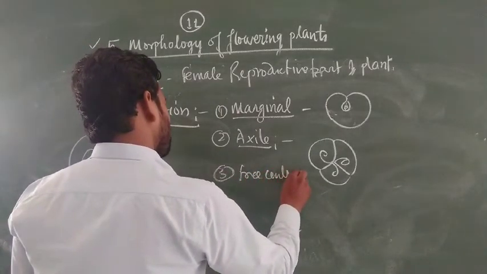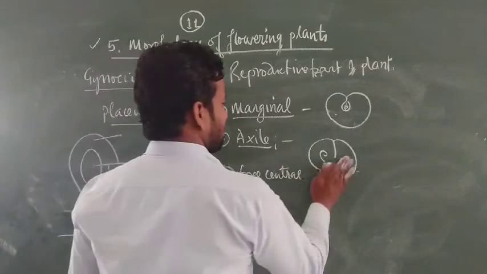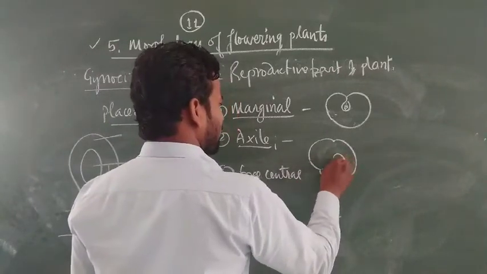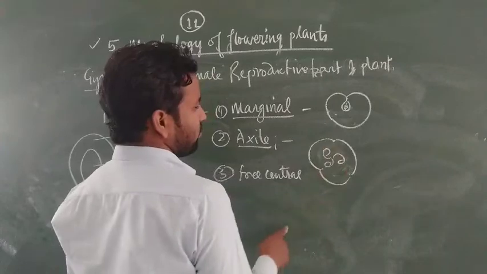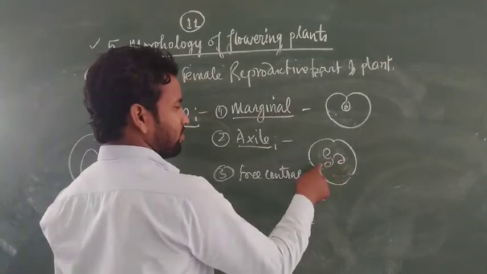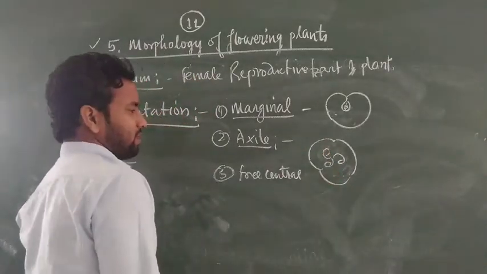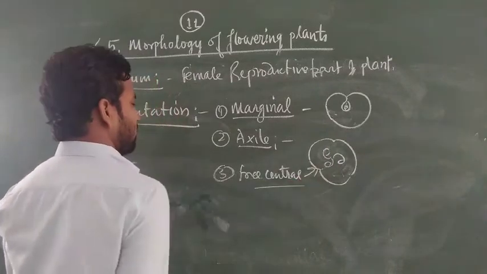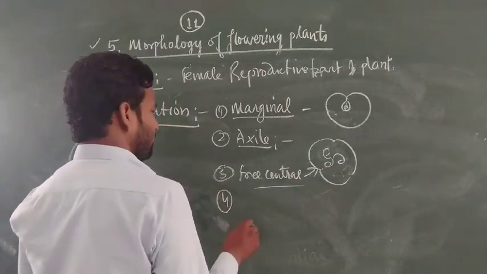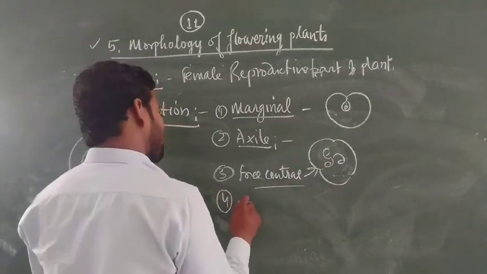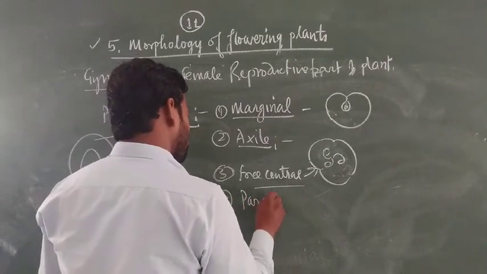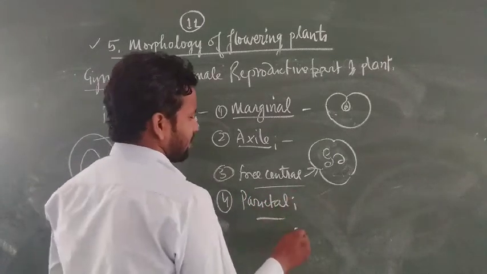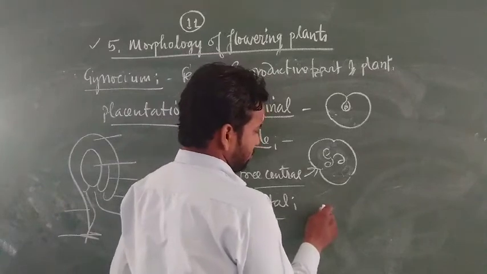Free central means the ovule attaches at the center, but no partition wall or placenta is found in this case, so it is called free central. Okay. Fourth is parietal placentation. Parietal means at the ends or notches where the ovary wall is fused.